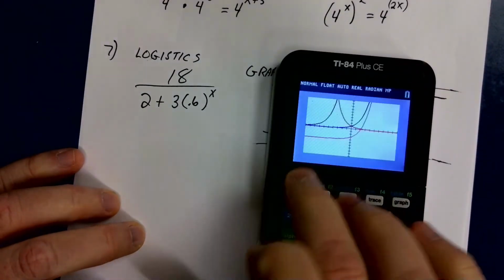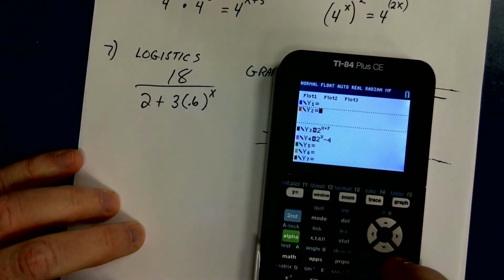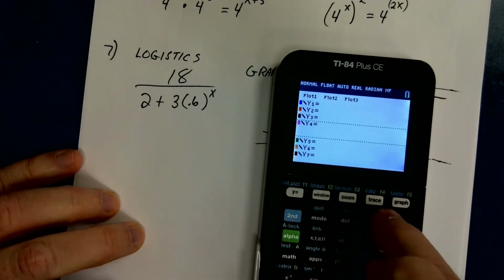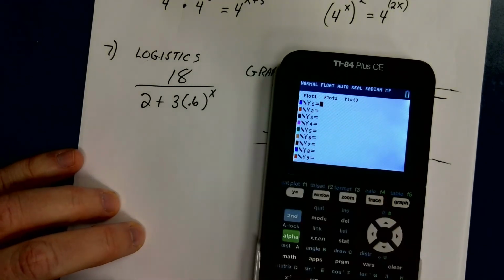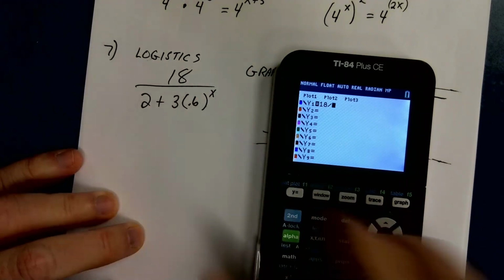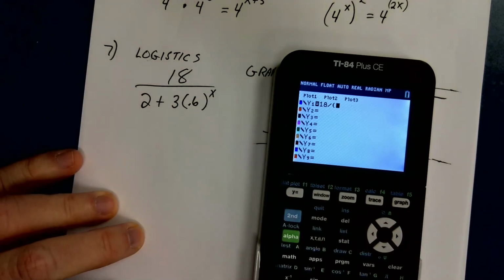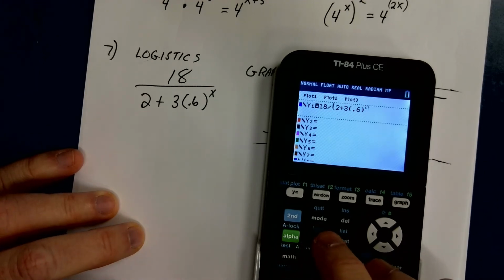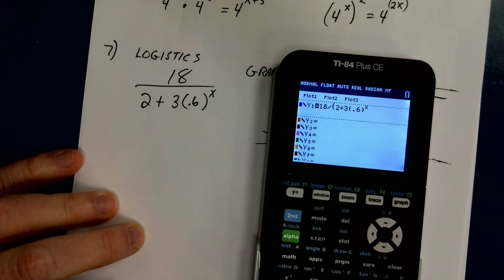So go to your calculator, turn it on, clear all of these things out, and there we go, y equals. So I got 18 divided by, and because this is all in the denominator, I need a big set of parentheses, 2 plus 3, parentheses 0.6, close parentheses, raised to the x. And again, it's just the 0.6 to the x, not the 3 times that to the x.